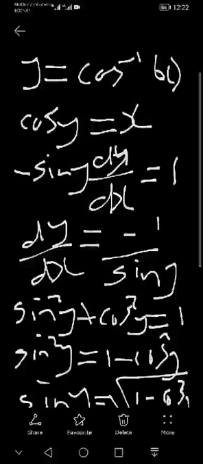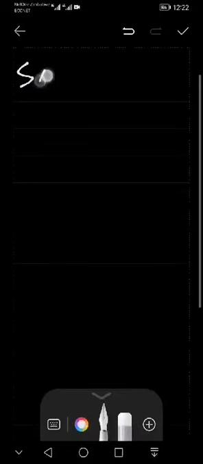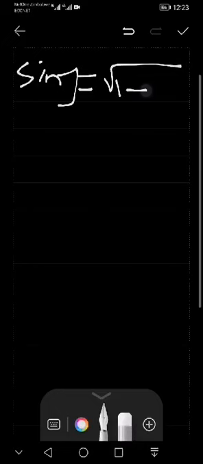Okay, so let's move on. Now I want you to see again from the second step that sine y will be equal to the square root of 1 minus, and we want to say that cos y equals x. It means that if we square both sides, we will get cos squared y equals x squared. So in the square root, I'll just replace the cos squared y with x squared.